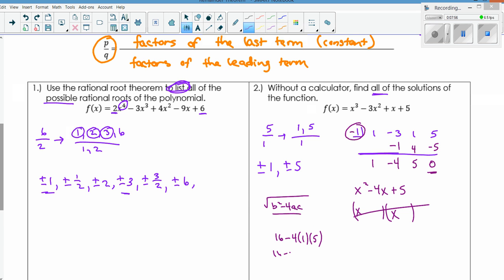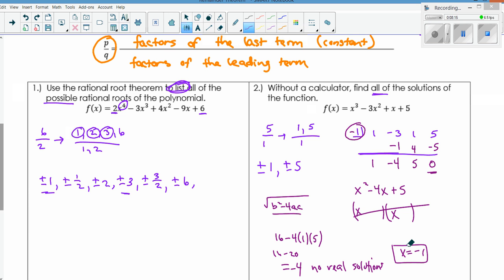This gives me 16 minus 20, which is negative 4. So that means that there are no real solutions, at least from that quadratic. So the only real solution I have is x equals negative 1.